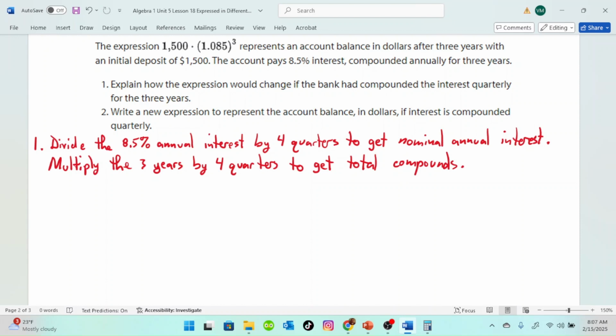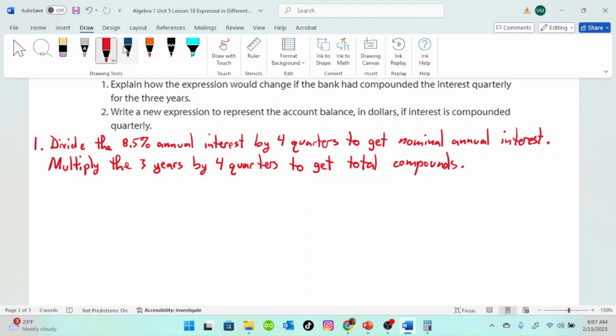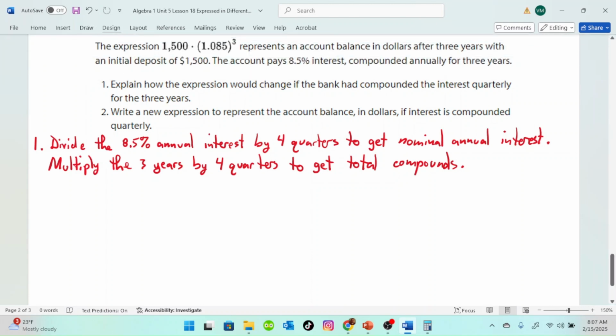And now number 2 wants us to write a new expression to represent the account balance in dollars if interest is compounded quarterly. So all we're going to do is take the steps that we just described in number 1 to rewrite the expression from the word problem.